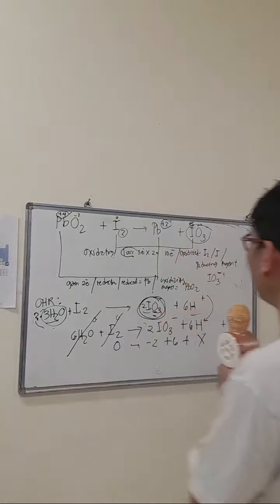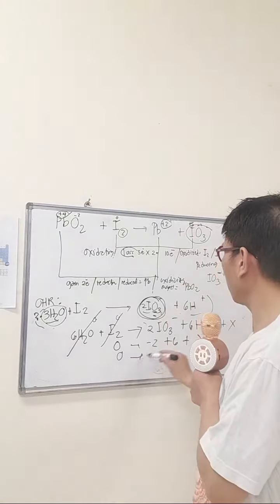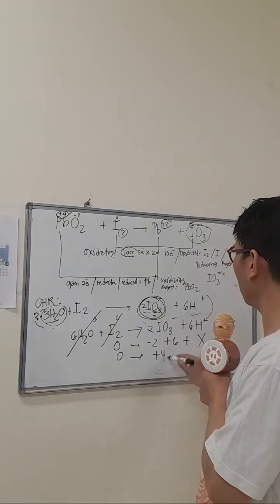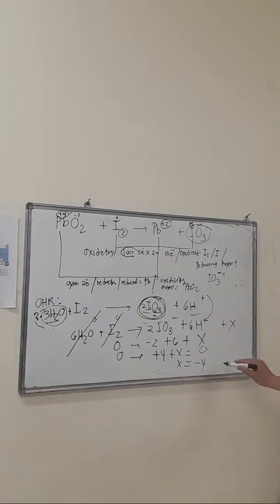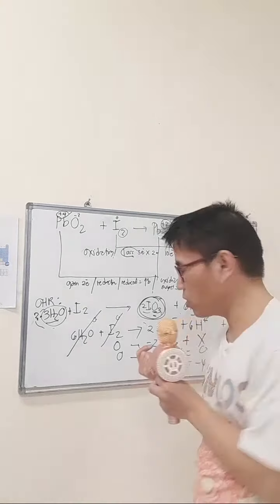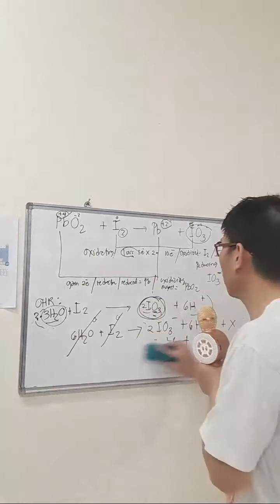So math again, a linear equation: 4 plus x equals 0, x equals negative 4. Meaning to say 4 electrons. Put this 4 electrons in the x, which we left originally as the unknown electrons.